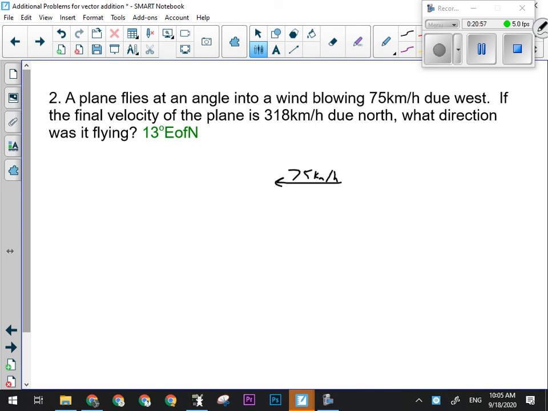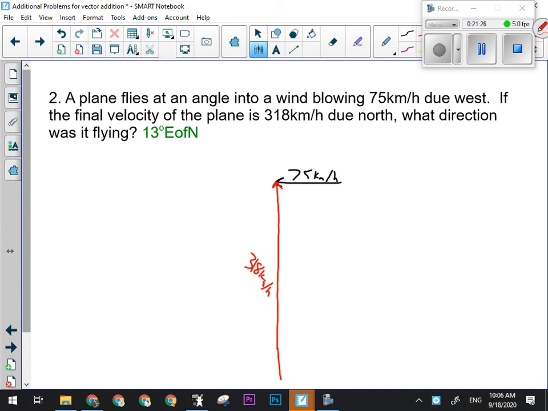So there's obviously a plane's velocity in here that I don't have, but I have the resultant velocity of the plane, so I'm going to draw the plane's resultant velocity right here. Again, I just drew these head to head. Is that okay? Yes, because this is the resultant.